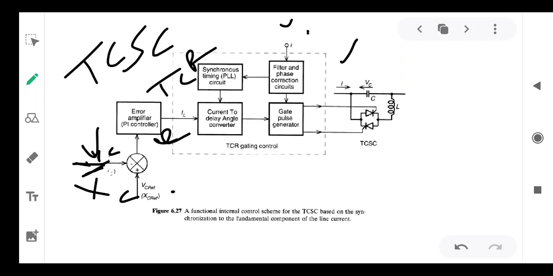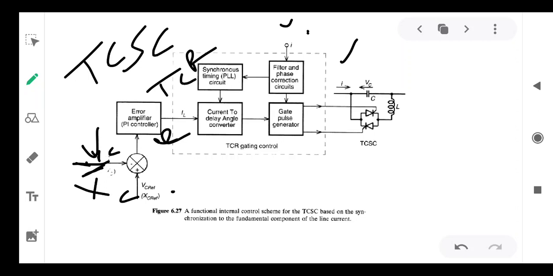So from the gate pulse generator, the adjusted firing angle alpha plus theta is given to the anti-parallel combination of thyristors in order to control the required IL through the TCR, that is ITCR or IL, so that the lagging current IL suppresses the excess capacitive current IC, so that the net current is IC minus IL as explained in the previous videos.